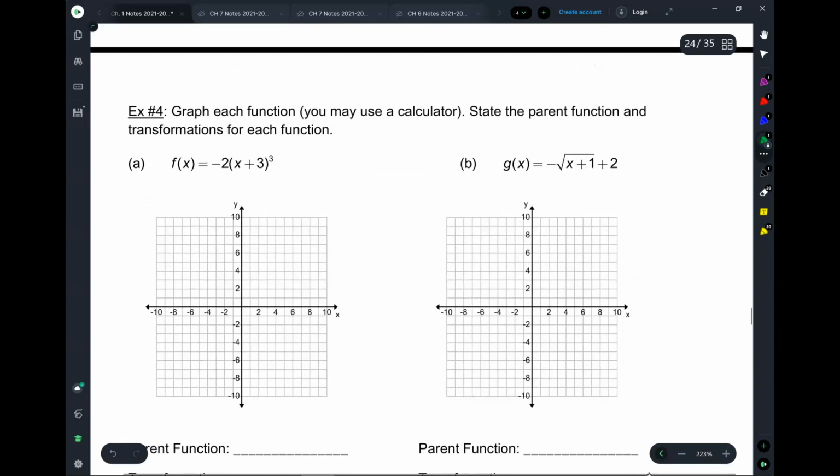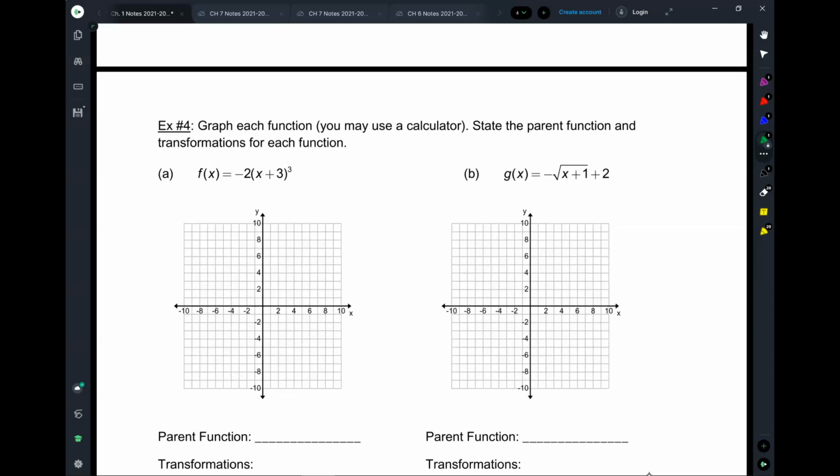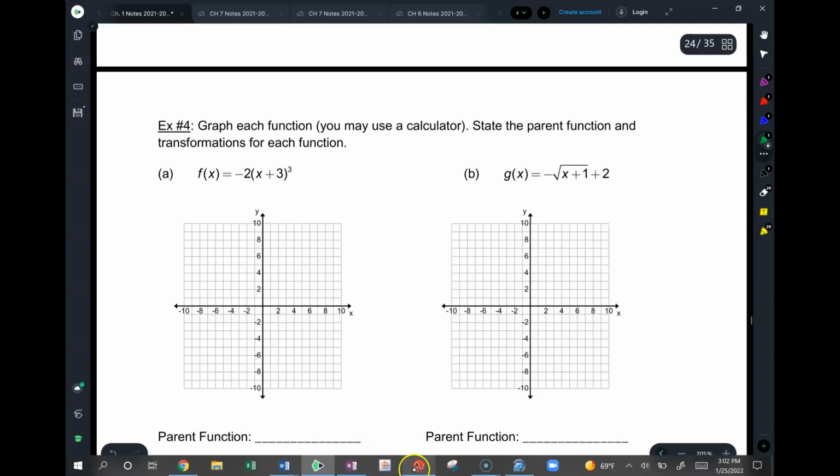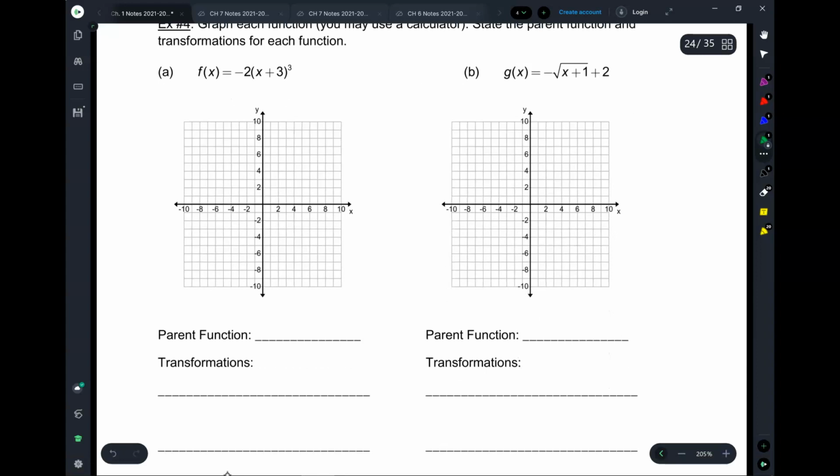So for these, I'm okay if we use a calculator for the time being. So let's go ahead and take out your calculators. That's why we're doing it over 2 days. Okay. Before we plug this in, let's do the questions underneath here.